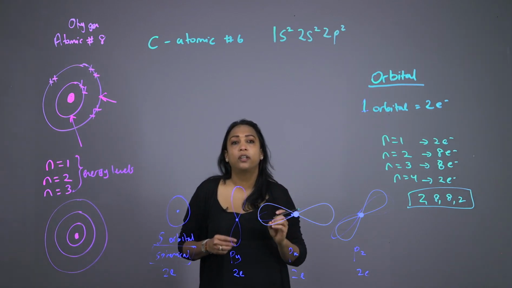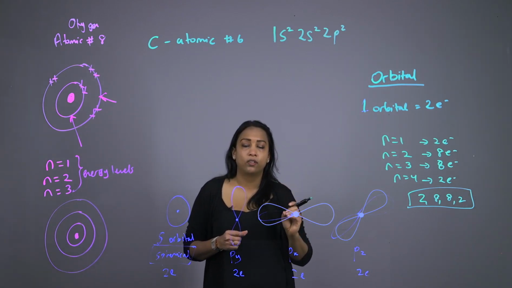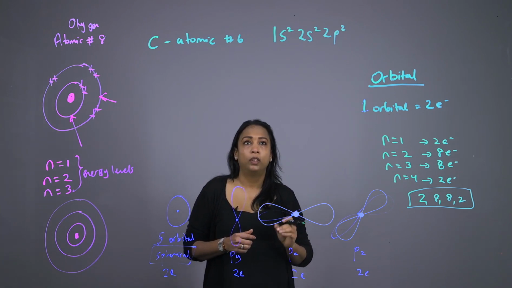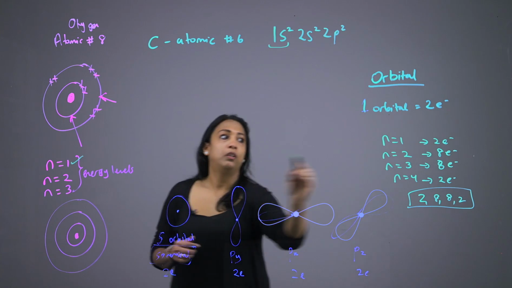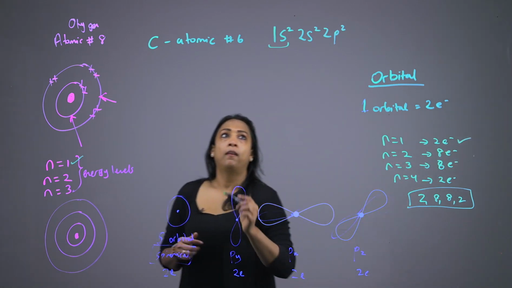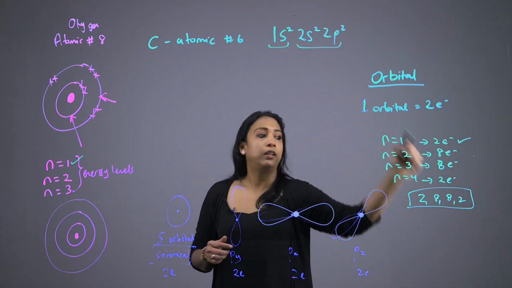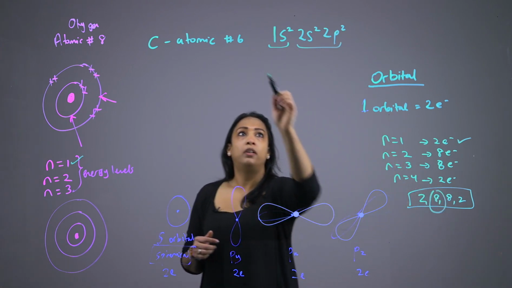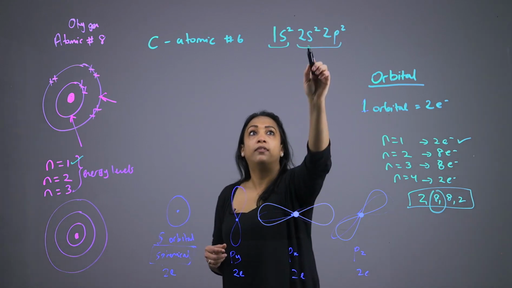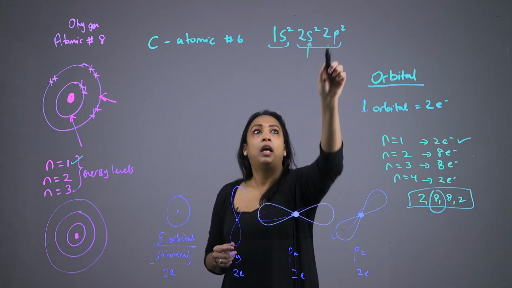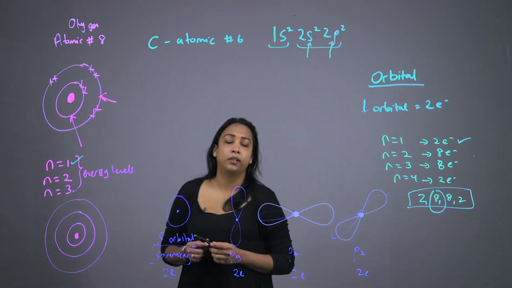This is the electronic configuration of the electrons in a carbon atom. So we're filling the first energy level, n is equal to 1, with 2 electrons. The second energy level can hold up to 8. Carbon only has 4 in the second energy level. So we have 2 in an s orbital and 2 in a p orbital.